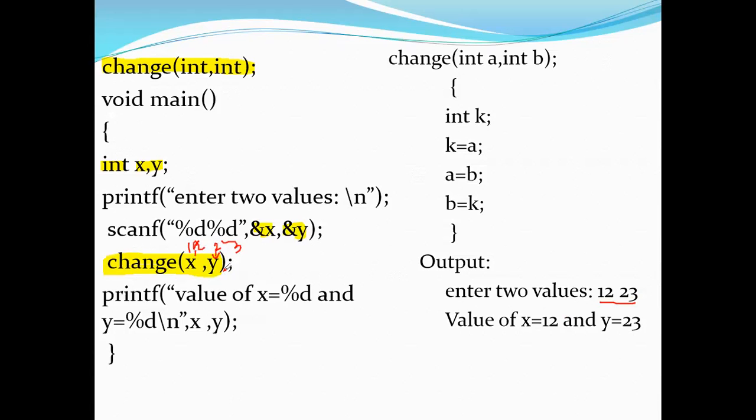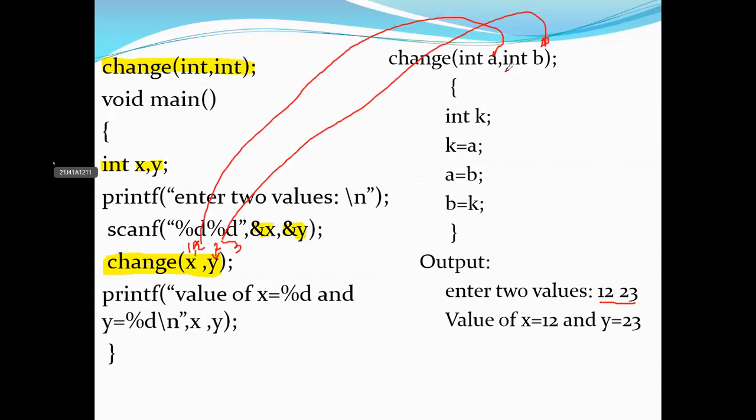These values are passed, call by value. We are calling by value. This x value is passed to the A argument, and this y value is passed to the B argument. We can use the same names or different names.